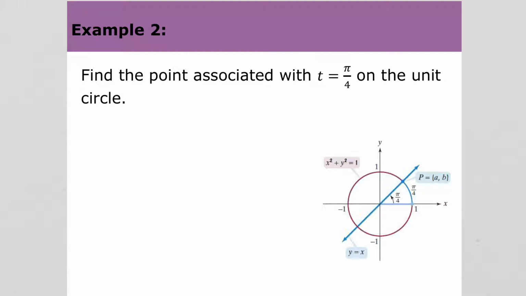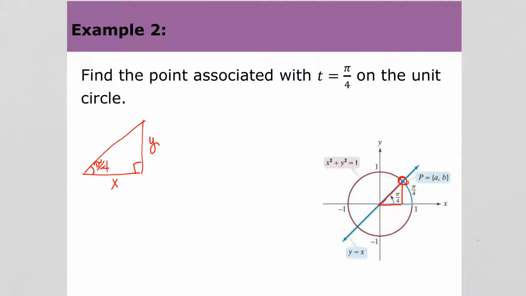What we're going to do is bring this point straight down and then over from the center of the circle, and we're going to end up with a right triangle where this angle here is pi over 4. And what this is asking us to do is find the x value and the y value. If we find the x and y value, then we've found the point here.